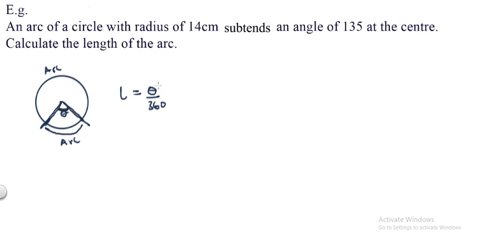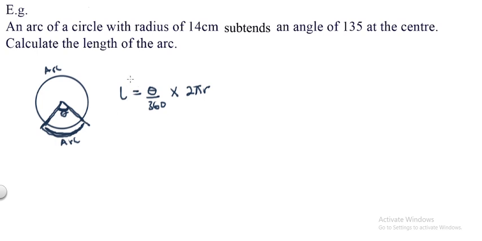So L is theta over 360 times 2 pi r. To calculate the length of an arc, this is what you need. The length of an arc simply gives us this distance here. Remember that 2 pi r gives us the whole circumference, but theta over 360 times 2 pi r gives us just this part.